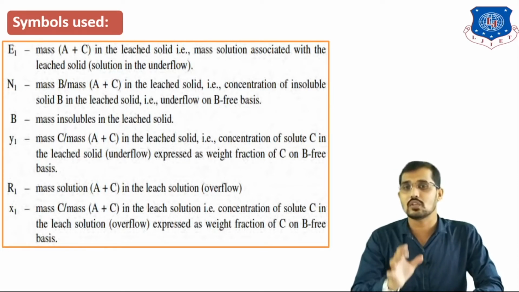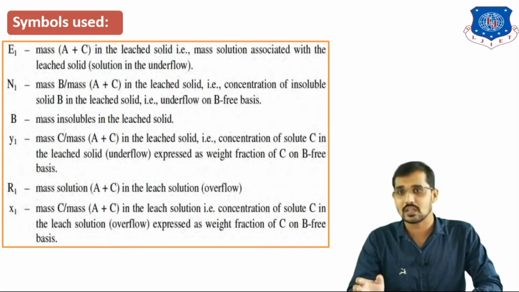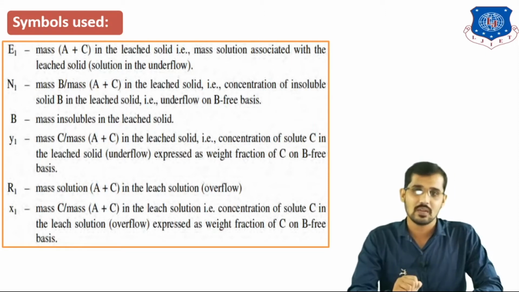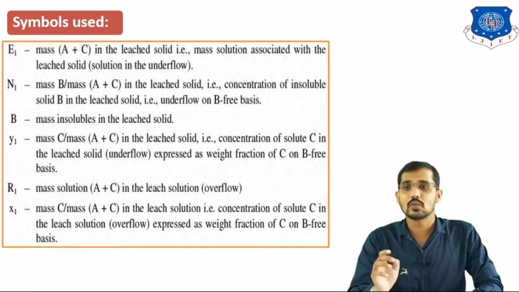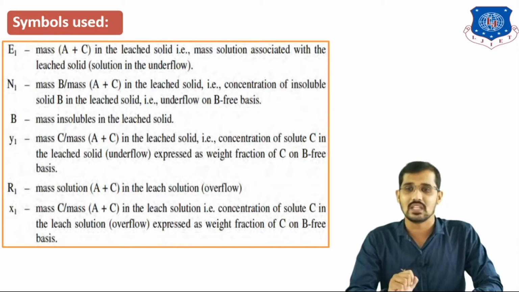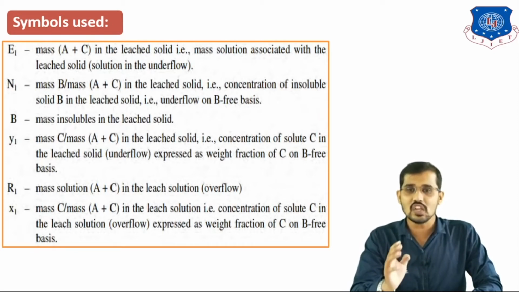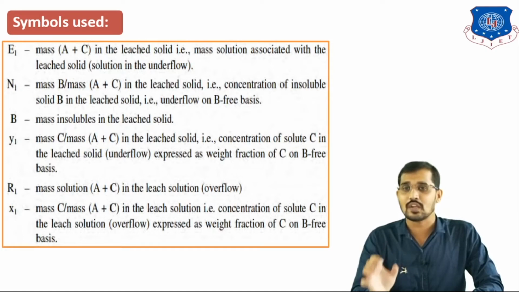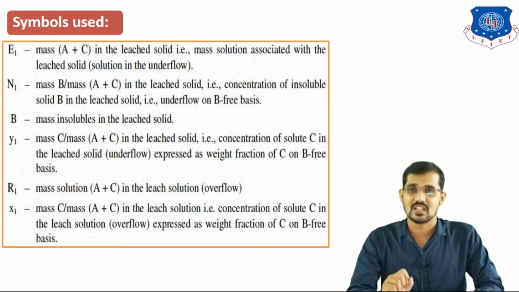Whatever mass of insoluble is present in the feed solid, the same amount of insoluble is also present in the outlet stream. So that is N1. N1 is equal to mass B divided by mass A plus C in the leached solid. So you can see the concentration of insoluble solid B in the leached solid, that is the underflow, and we are writing this fraction also on the B free basis, that is the insoluble component free basis.